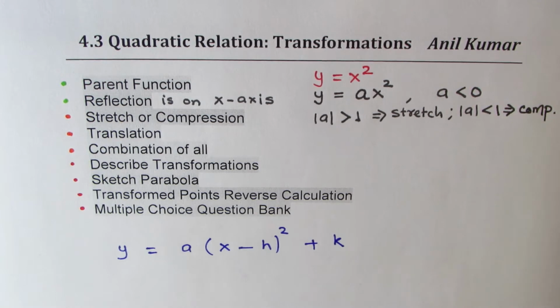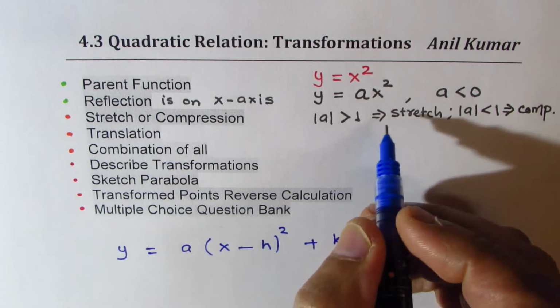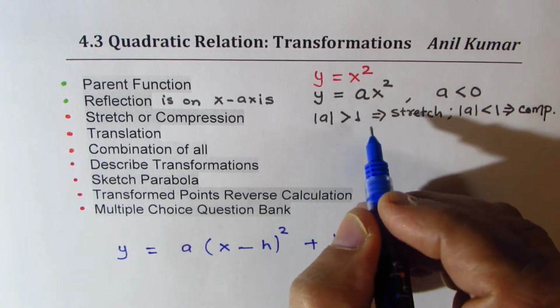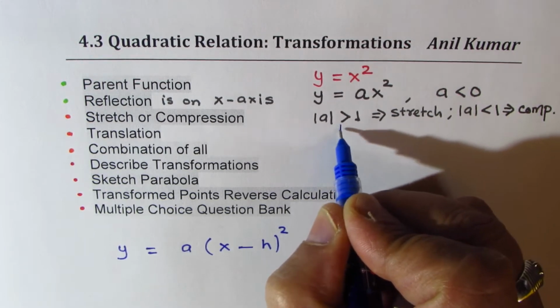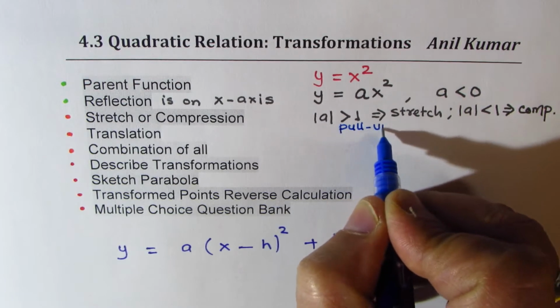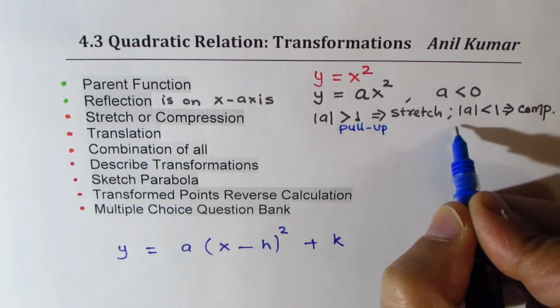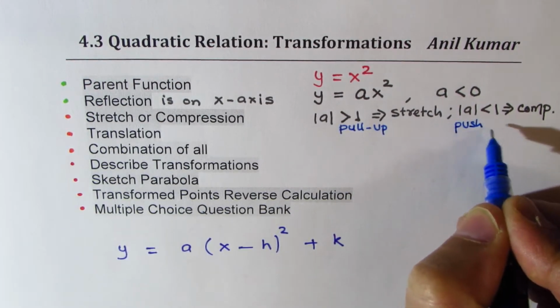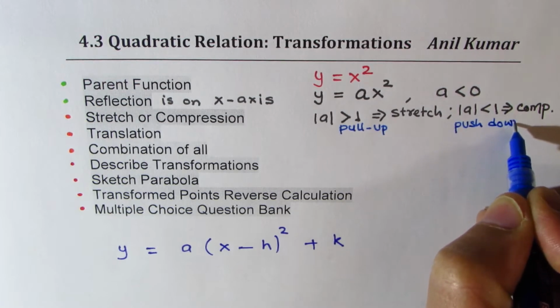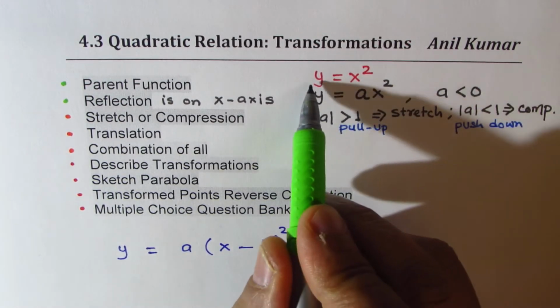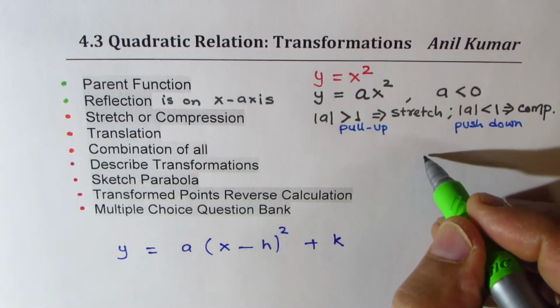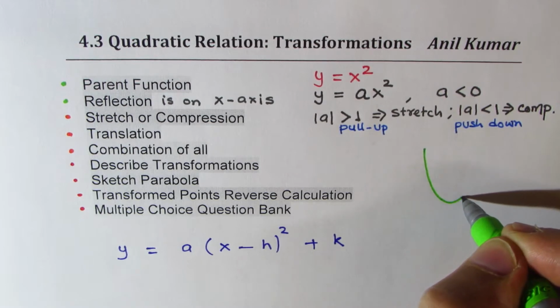In common language, we'll say stretch is like pulling up, and compression is like pushing down. Pull up and push down what? All these are based on the y equals x square graph, which looks like this.